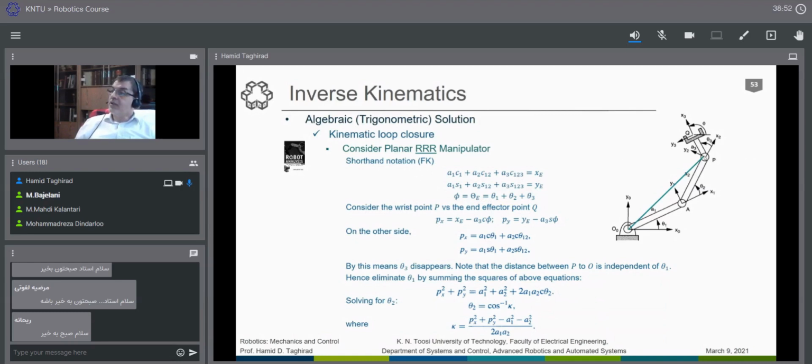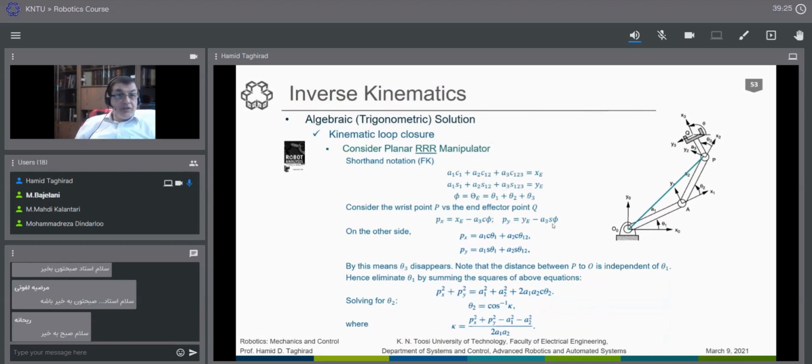It is very simple to find P and just neglect this one by considering the angle phi and this length a3. Very simply, we can say P_x, the x position of point P, is x_e minus a3 cosine of phi. Very simple with an algebraic solution. And P_y is y_e minus a3 sine of phi.